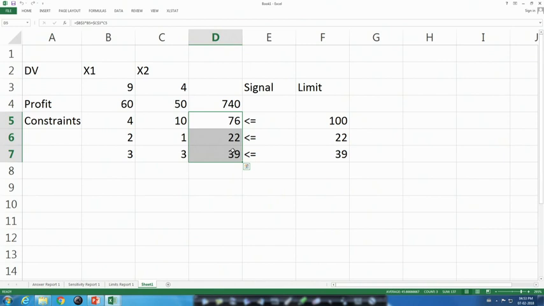That means typically it is a kind of resource allocation process, and there are 3 constraints here, and the maximum availability of resources. So now we are optimizing and changing the structure as per the particular requirement. For the first constraint the maximum limit is 100, the second constraint the maximum limit is 22, and the third constraint the maximum limit is 39.